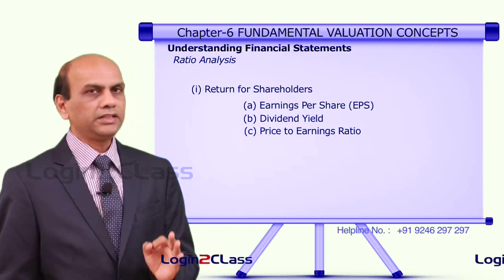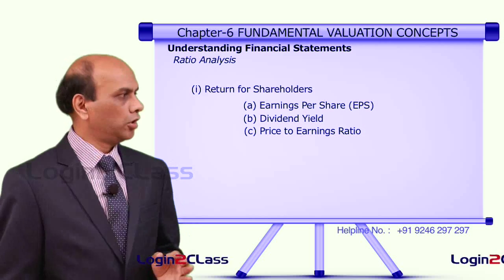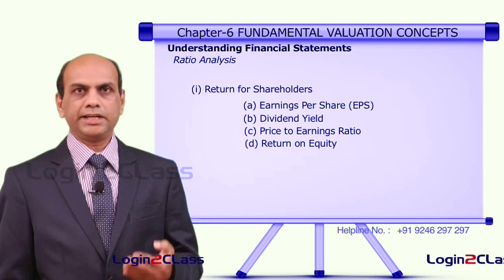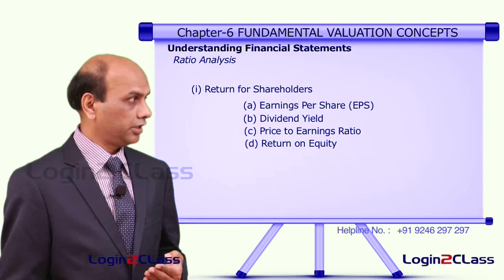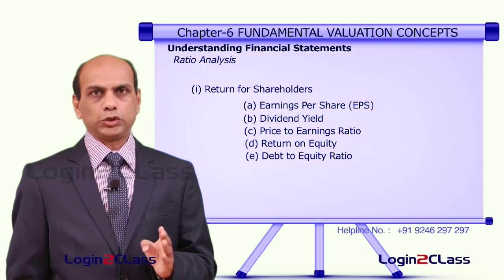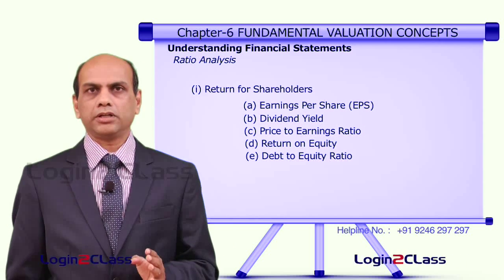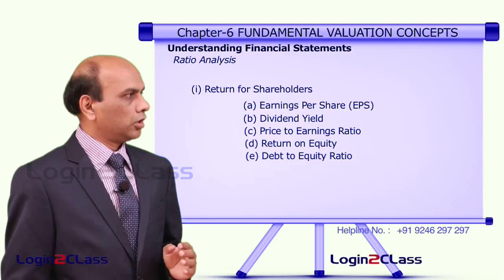Price to earnings ratio, popularly known as PE ratio. 4th, return on equity, that is the equity which has been used for the purpose of business. What is the return on that particular equity? Then debt to equity ratios. So these are the 5 ratios in this particular category of return for shareholders.